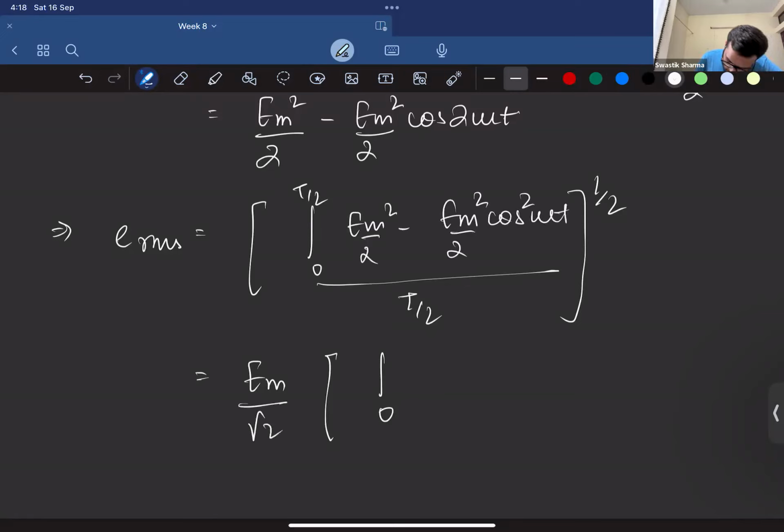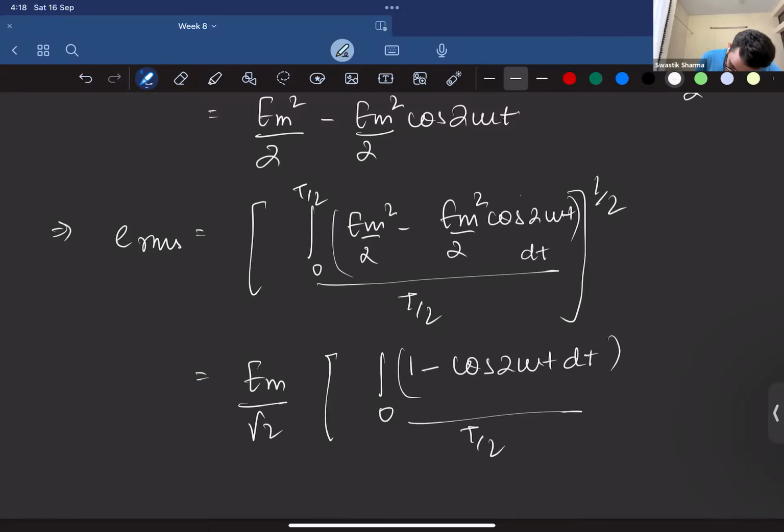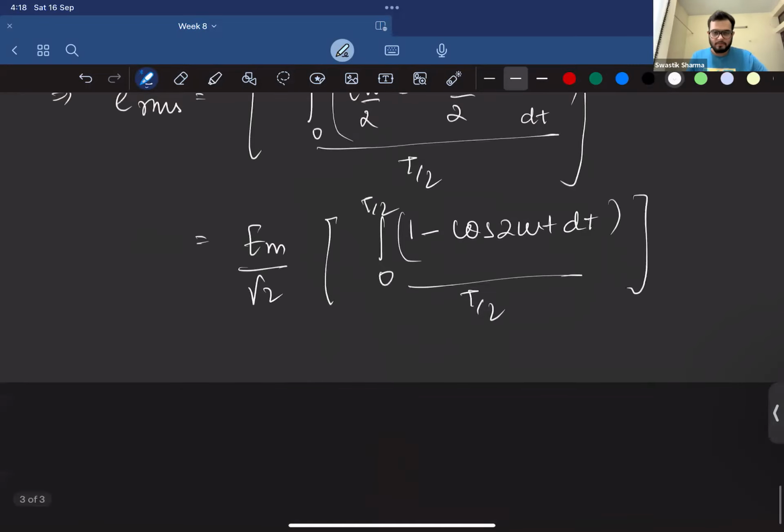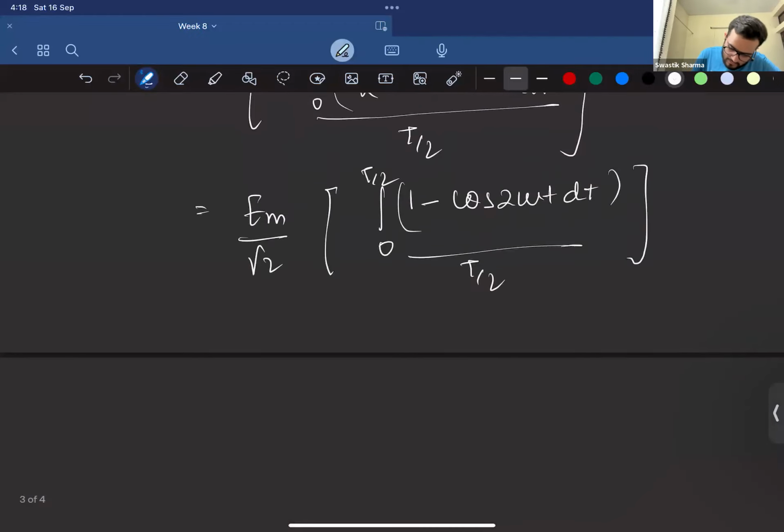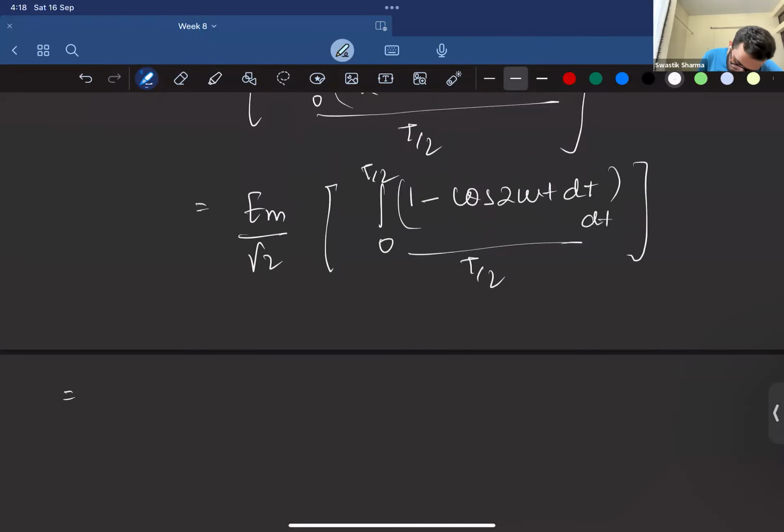Em by root 2 will come outside, and this would become 1 minus cos 2ωt whole dt. So can anyone solve this integral for me? And quickly tell me what's the answer.